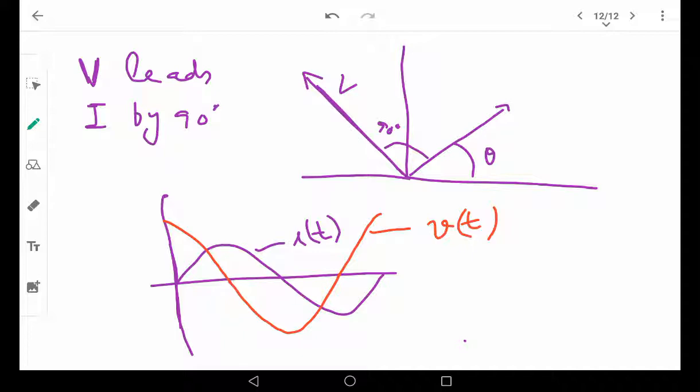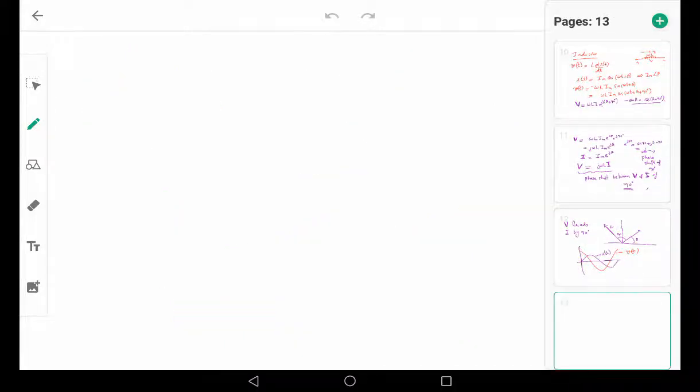So this is the voltage. You can see the voltage becomes a maximum by leading the current by an angle of 90 degree. V leads I by 90 degree. That is the relation for an inductance.